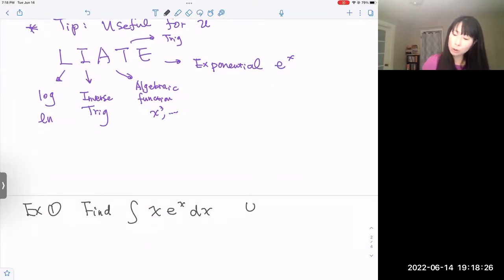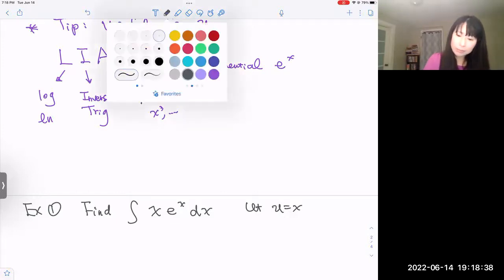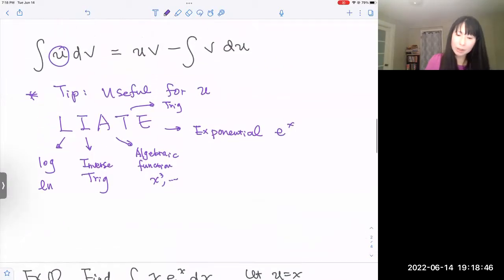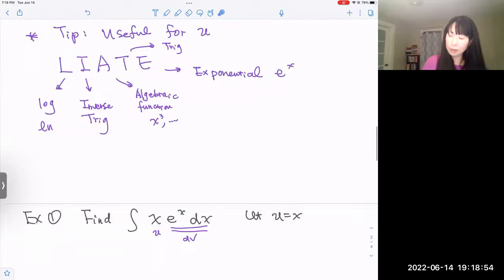Let u equal to x. Now the rest will be dv. So this is u, this is dv, because the formula said u dv. Now we're going to do uv and v du.